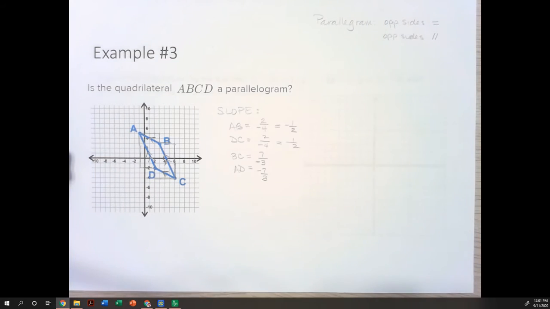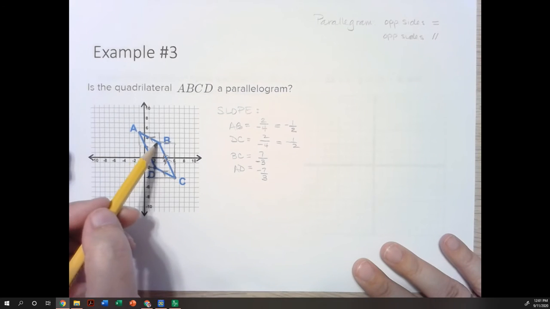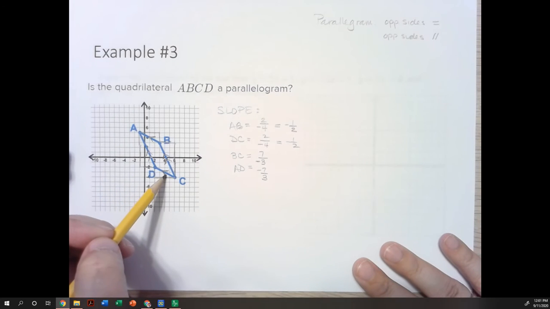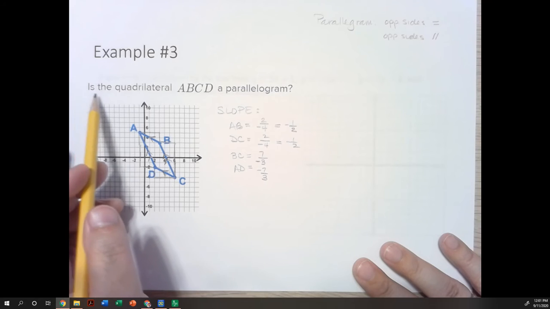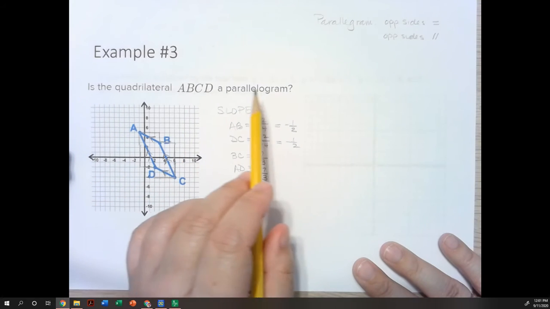Now, you may be saying, all right, why can't you be done? Because you know you have a parallelogram. Well, the question would be how do I know I don't have a rhombus? That's what makes the difference between a parallelogram and a rhombus: if all four sides are equal, I have a rhombus. The question said, is the quadrilateral a parallelogram?